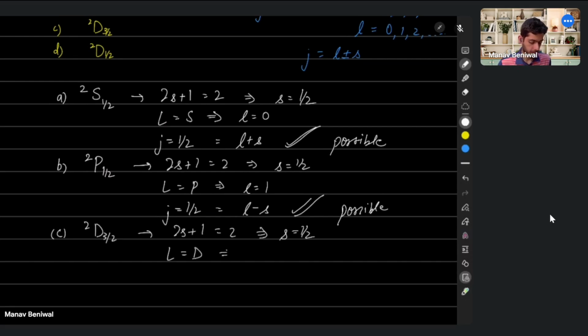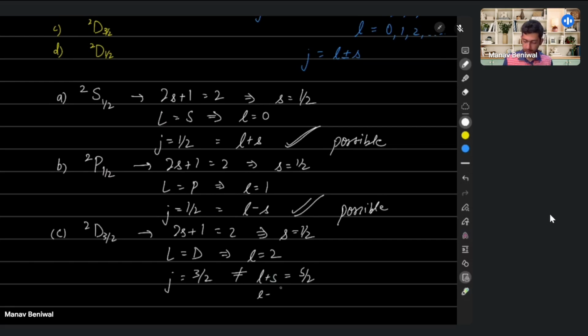Now this time L is D, so small l will be... sorry, here l will be 2, my bad. Now J is given to be 3/2, and note that this is not equal to l plus s, which is 2 plus half, which is 5/2.